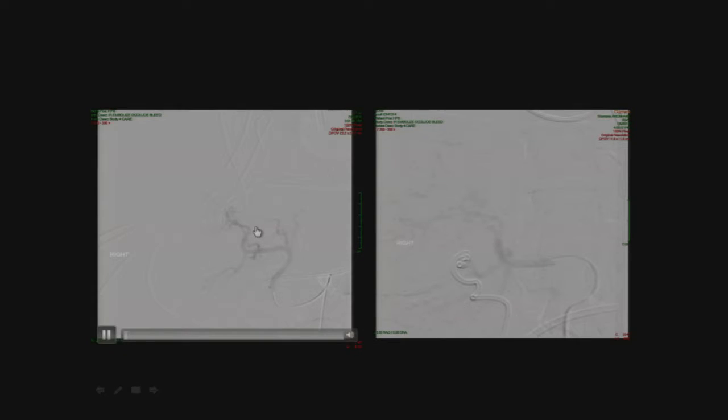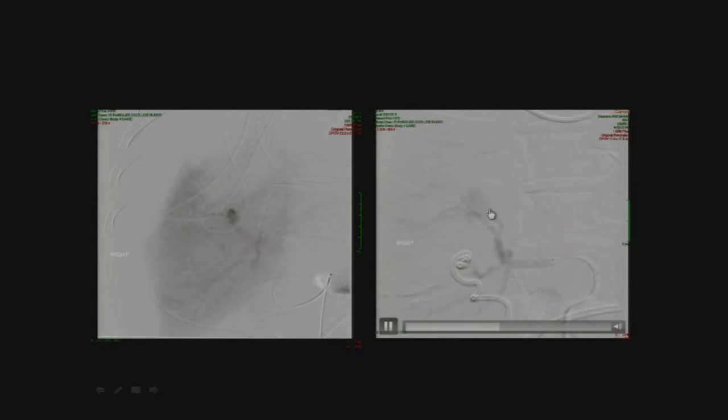But you see here, sorry for the speed of the imaging, coming from the SMA, right hepatic up to here, and then the next slide, you can see a pseudoaneurysm here that then has brisk uptake into the portal system concerning for a fistulous connection, which is then further highlighted. This confirms the presence of the pseudoaneurysm on this run.